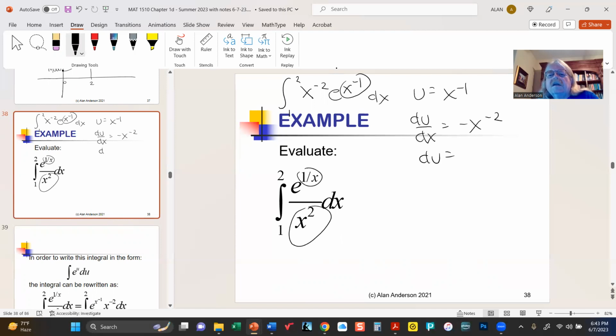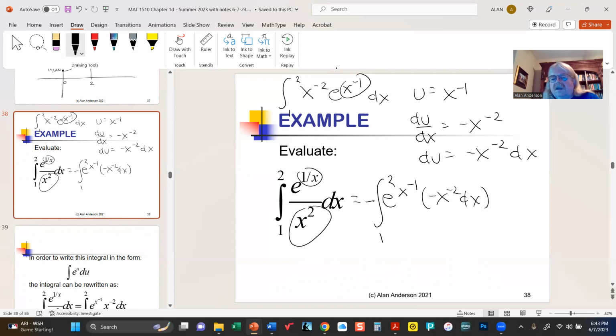So that du is minus x to the minus 2 dx. So do we have that? Almost. We need the negative. So I've supplied the negatives and rewrote it slightly. So you can see that we actually do have e to the u du. Oh, that worked out rather well.